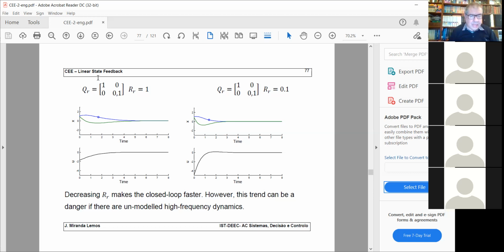The Q, if you select it to be diagonal, allows you to give more importance to some values of the states than others. And R allows you to make the system more or less aggressive. This means that you can also influence the speed of response of the system. And sometimes you don't want the speed of response to be too fast because of unmodeled dynamics. Okay, questions about this issue?